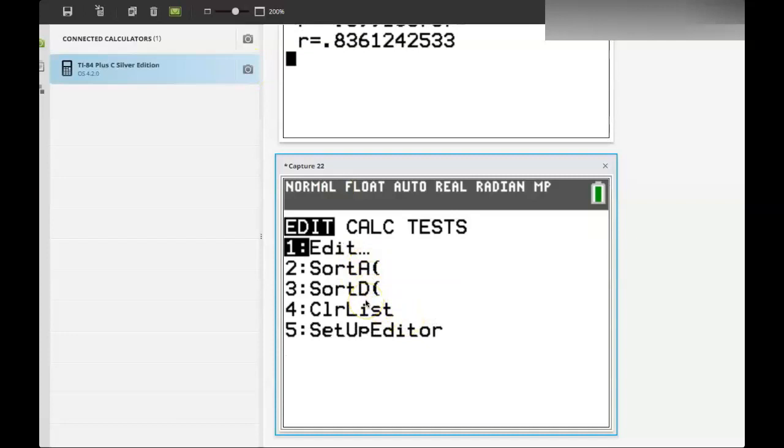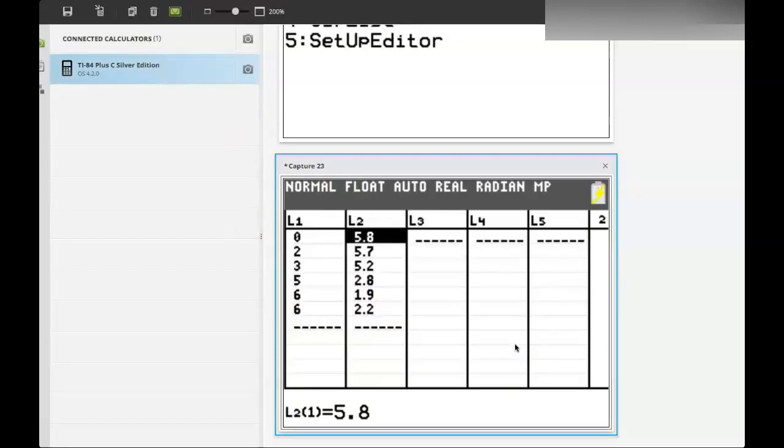Choose edit, enter. Then enter all the data that you have for x into L1, and those for y into L2. Okay, we have these points.